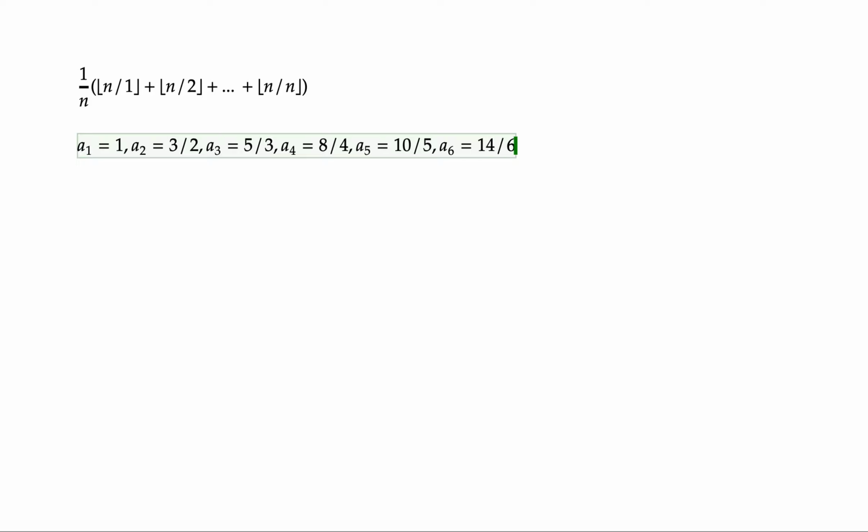I don't know, I feel like there's something about the sequence floor of n over 1 plus floor of n over 2 that I feel like I recognize, but it would be unlikely.